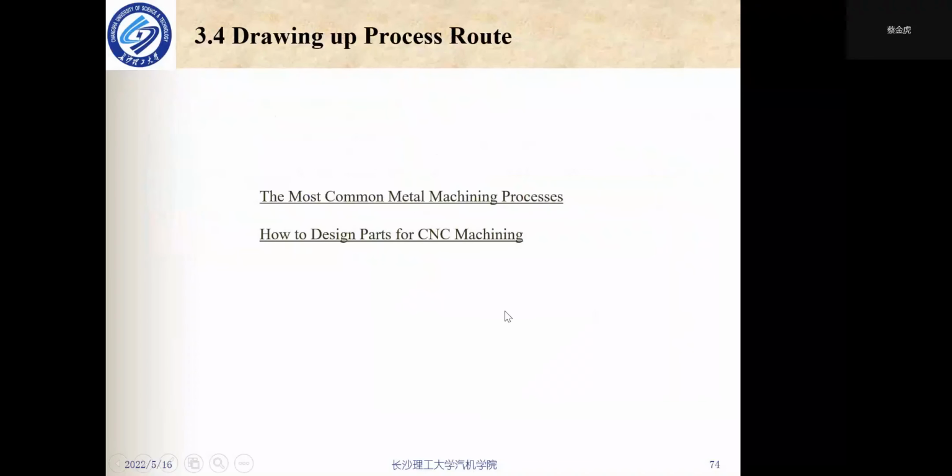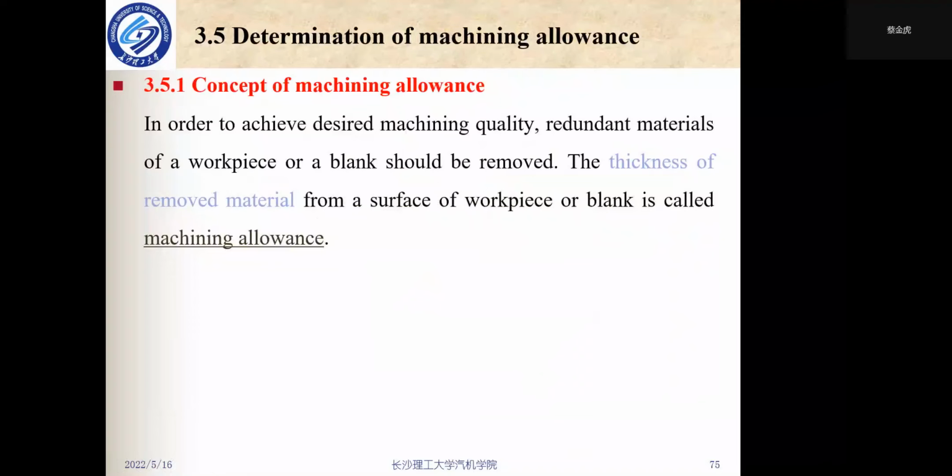Today's business is the determination of machining allowance. The first thing we will know is the concept of machining allowance. In order to achieve desired machining quality, redundant material of a workpiece or a blank should be removed.